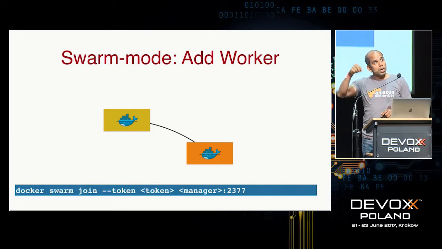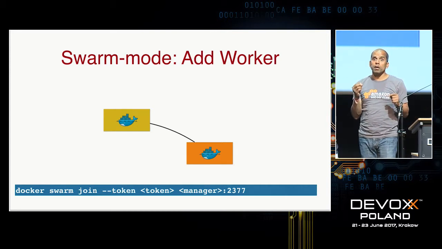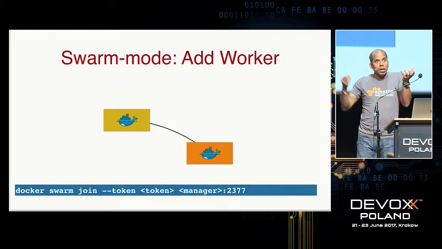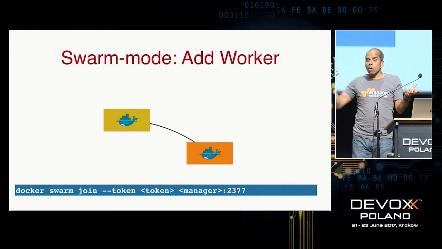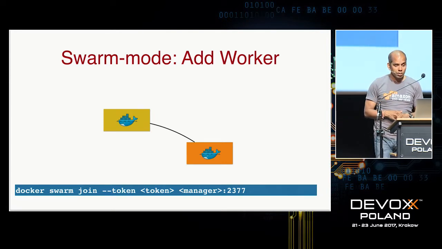Now, you could also run multiple VirtualBox VMs on your Mac, and each of those could be configured as a Docker host. And then you can say, my first node is always a manager, but now I want to add a worker as well, because I want to create a multi-host cluster, essentially.